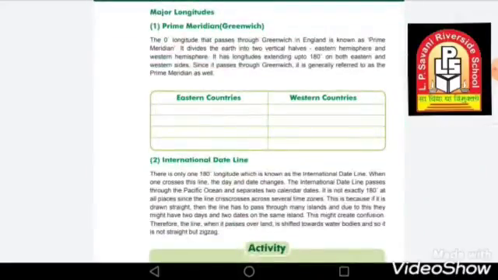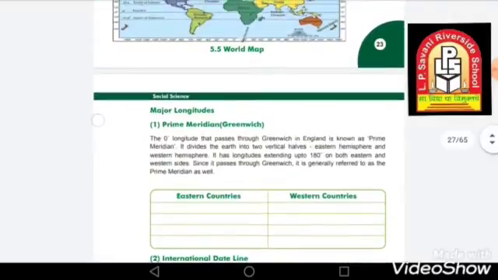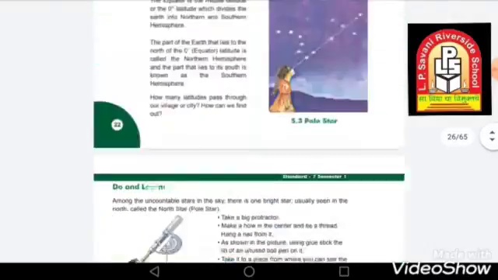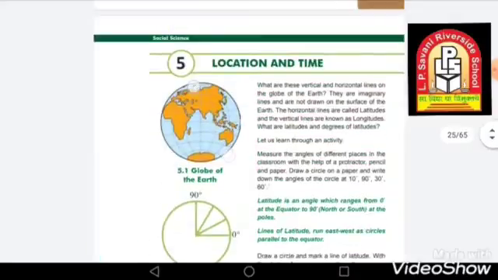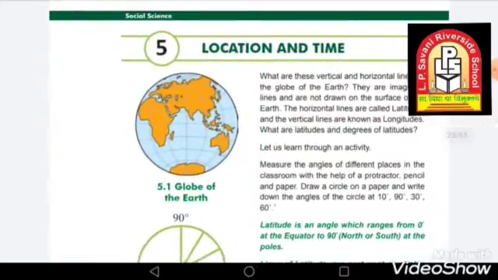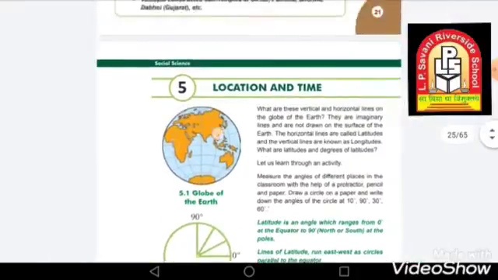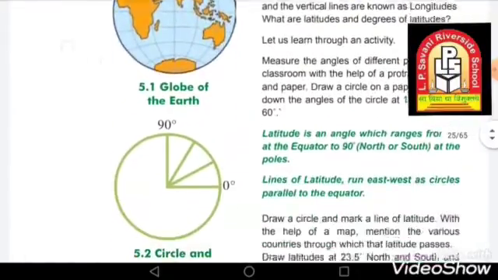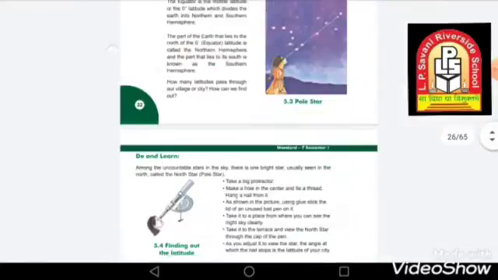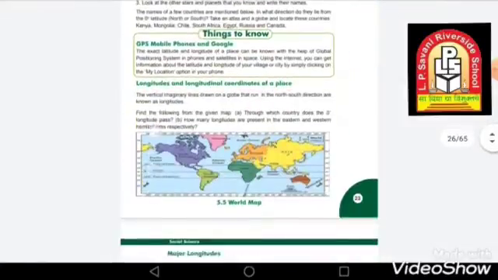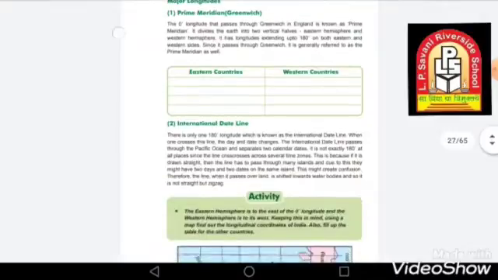It passes through the center of the earth and divides the globe into two parts, the eastern and the western part. That line which starts at 0 degree is called the prime meridian line, right?